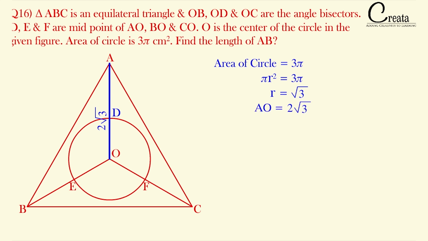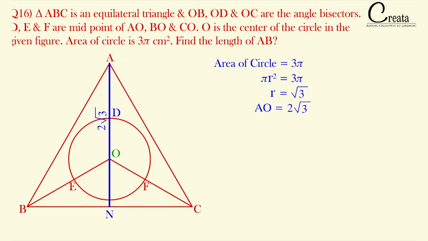Moving further, here in this question, AO is given as an angle bisector. Let's extend this angle bisector AO to meet the side BC of the triangle at point N. So we got AN as the angle bisector for this triangle. And point O is the incenter, that is the intersection point of the three angle bisectors.